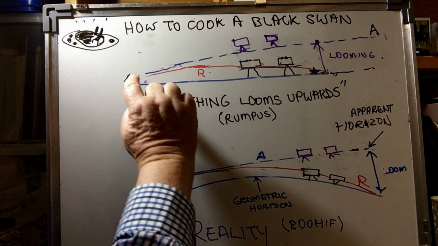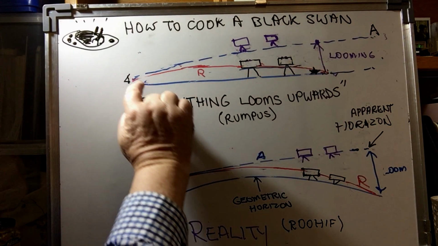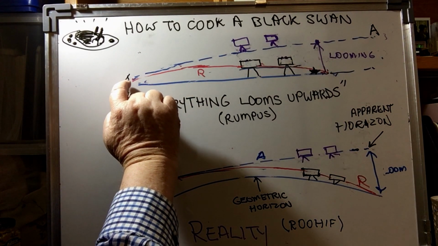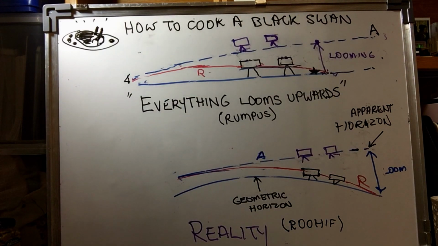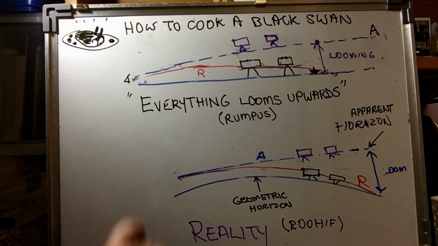Now, let's have a look again up here. Because it's bent, the observer thinks they're looking straight ahead. When you look at something, you perceive that you're looking directly at it. You're not imagining that you're looking at it in any bent kind of way. So, the observer's looking at this straight on.